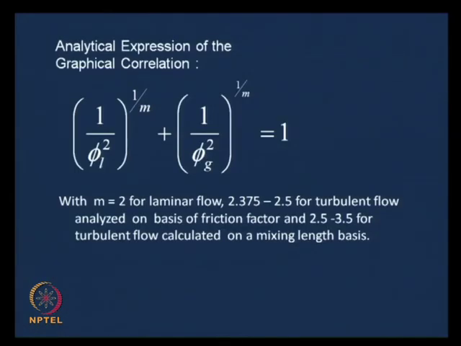Subsequently we derived the analytical expression, which takes different forms depending upon whether the flow in the two phases is laminar or turbulent, and for turbulent flow whether we use a Blasius type of equation or whether the turbulent flow is calculated on a mixing length basis. This mixing length basis was your home assignment yesterday.